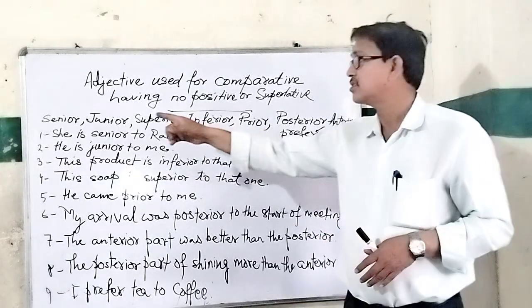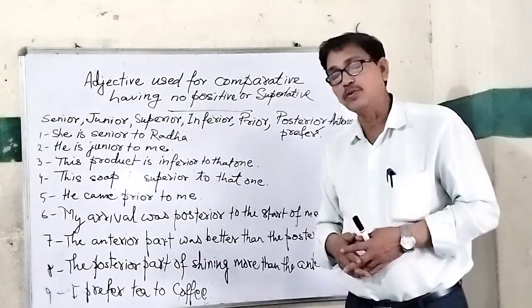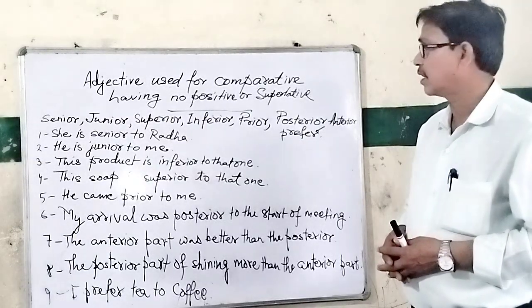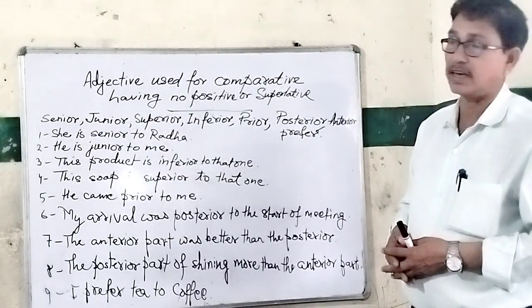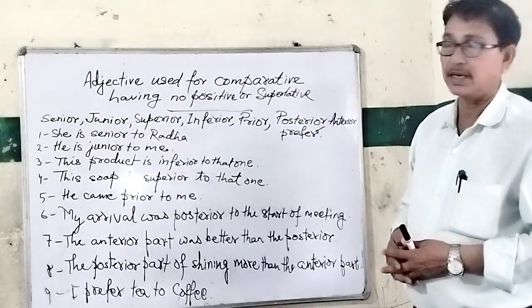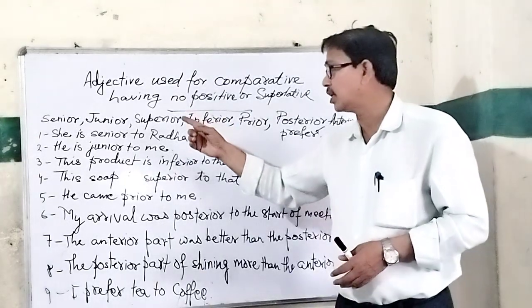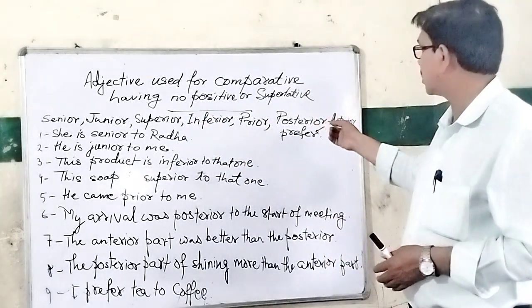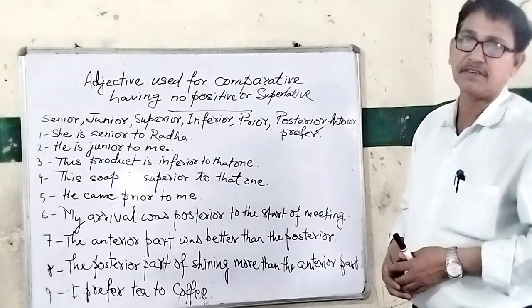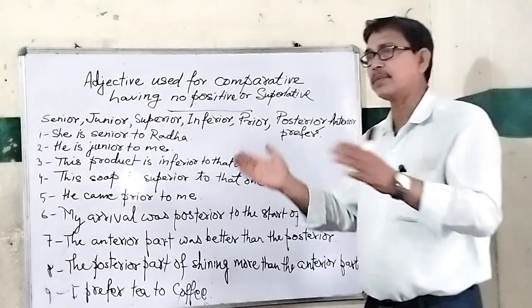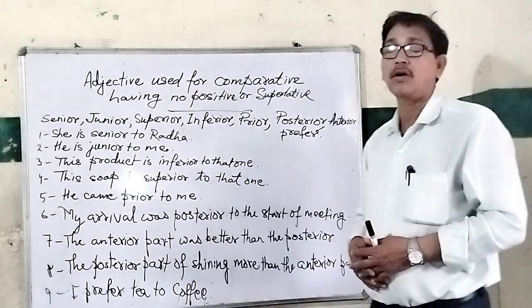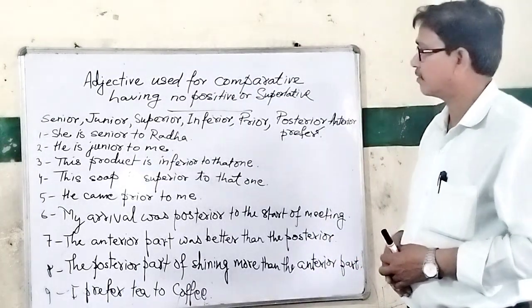For example, senior. So we use this word to compare two things, two persons, but we don't find their positive and superlative degree. Senior, junior, superior, inferior, prior, posterior, anterior, prefer, etc. They are used just to compare two things, two persons, but they are not used as positive and superlative.